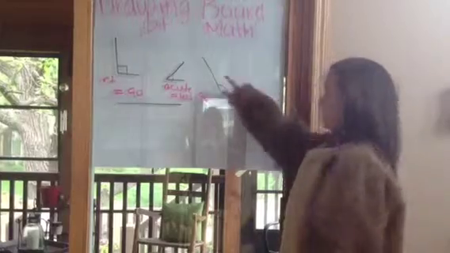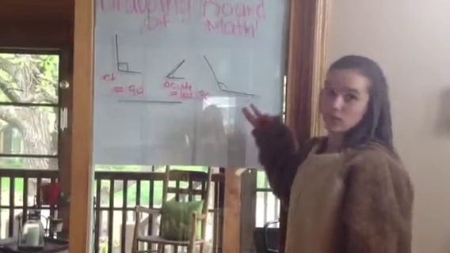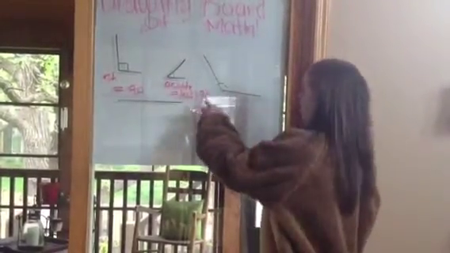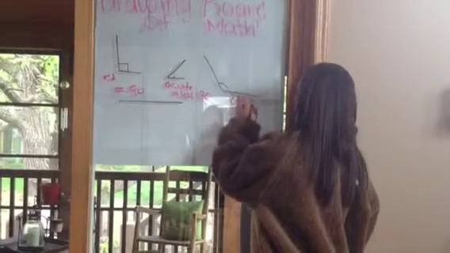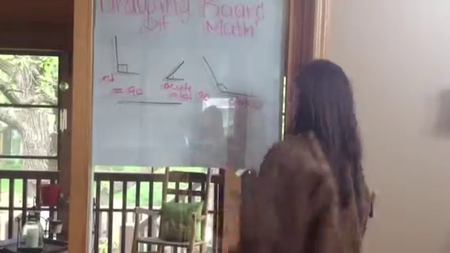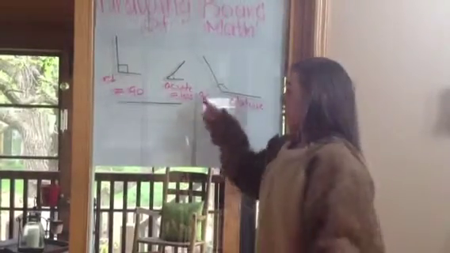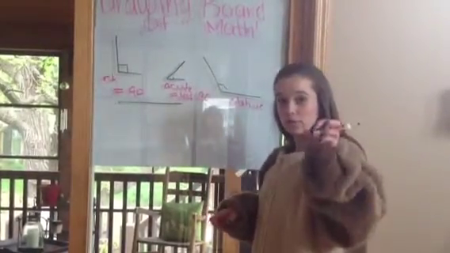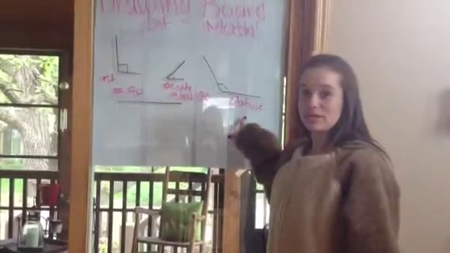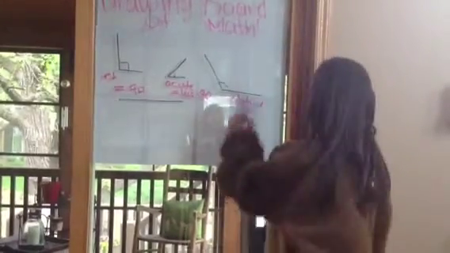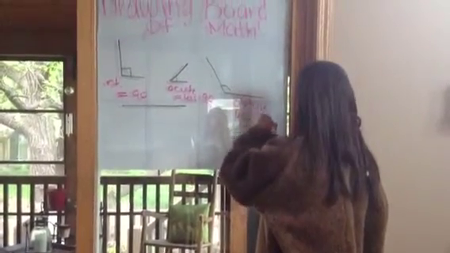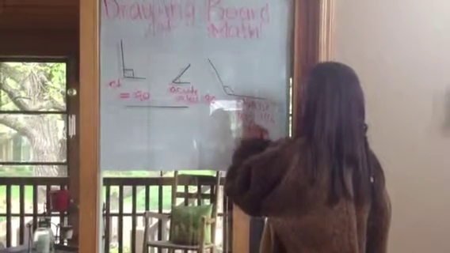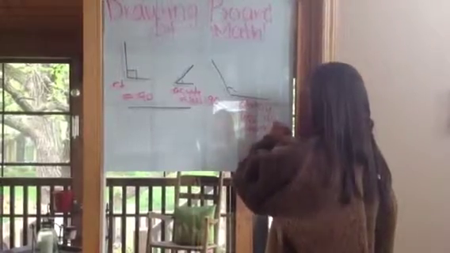Obtuse angles are also good angles, but they are more than 90, but less than 180. And the way I keep these two apart: acute, a cute little one; obtuse, obese, big, fat, obtuse, less than 180, more than 90.